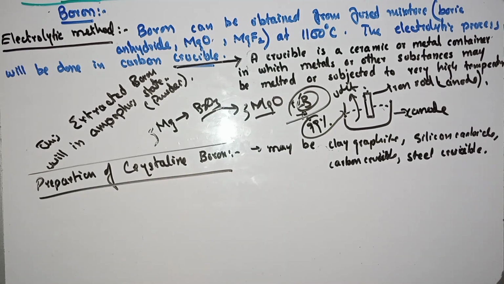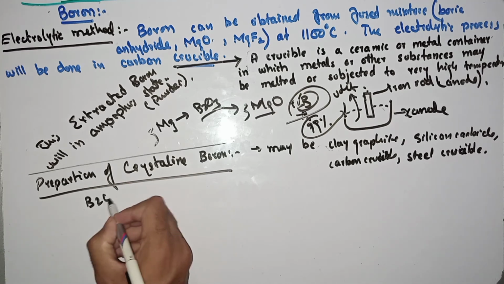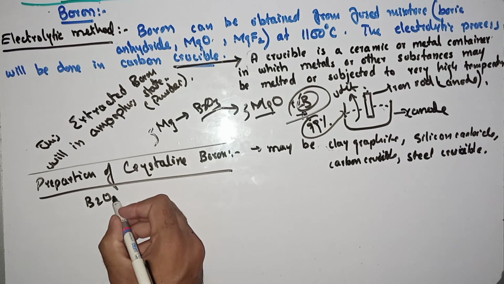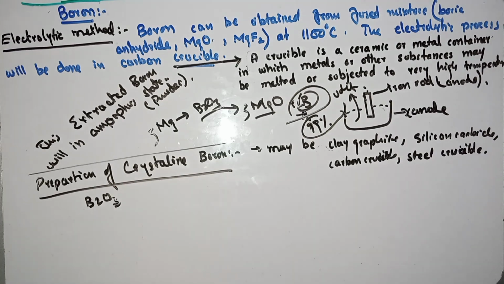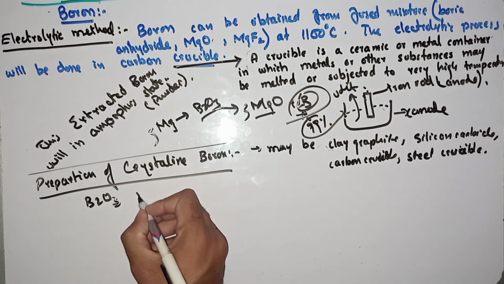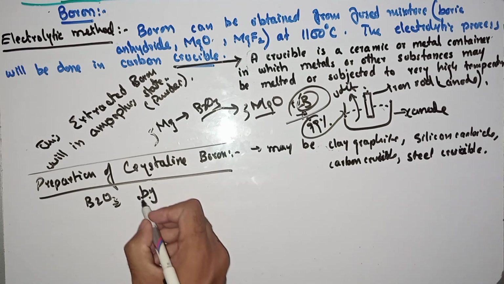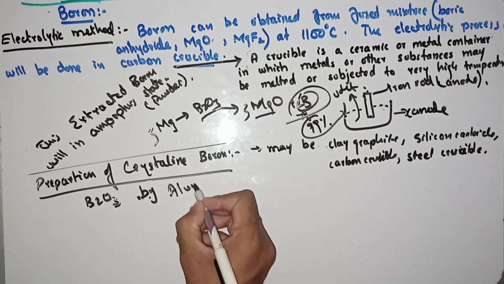Crystalline boron can be obtained by reduction of boric anhydride by aluminium.